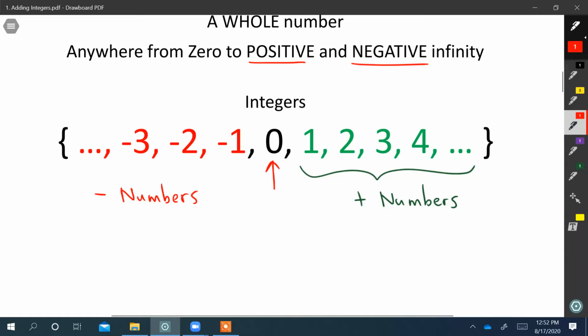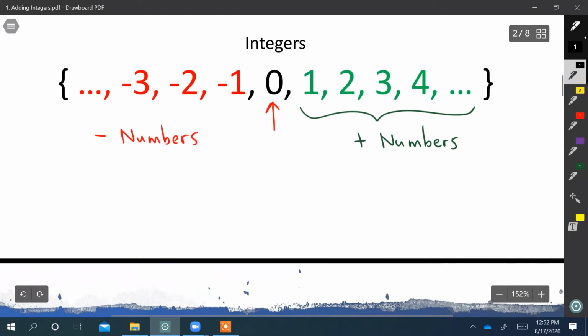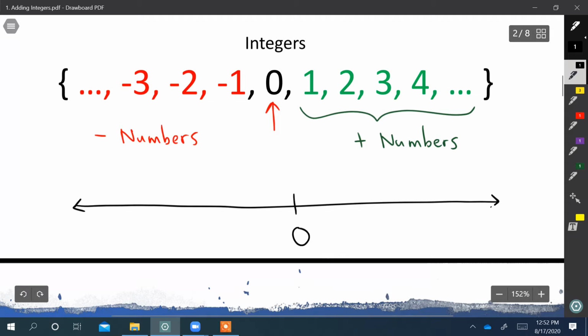Okay? We could also put this all in a number line. We could start with 0, and then I'm going to put all the positive numbers. And of course, this is going to be going to infinity.